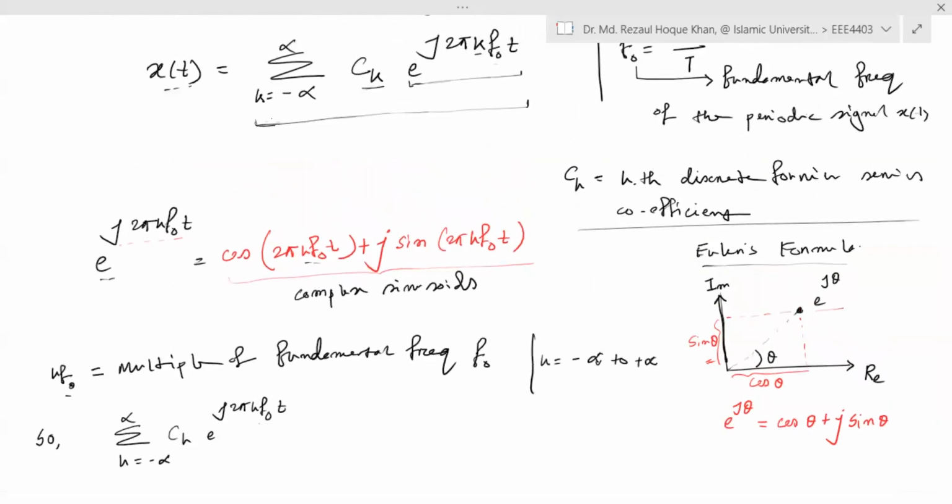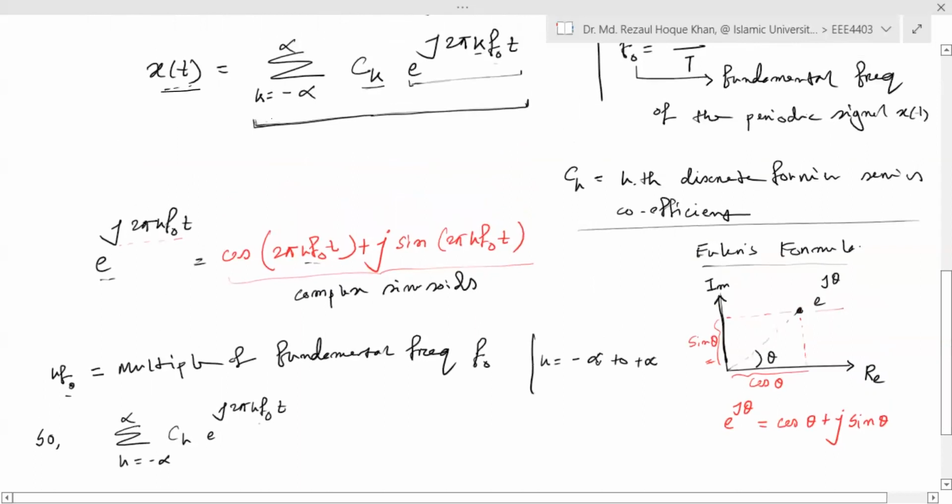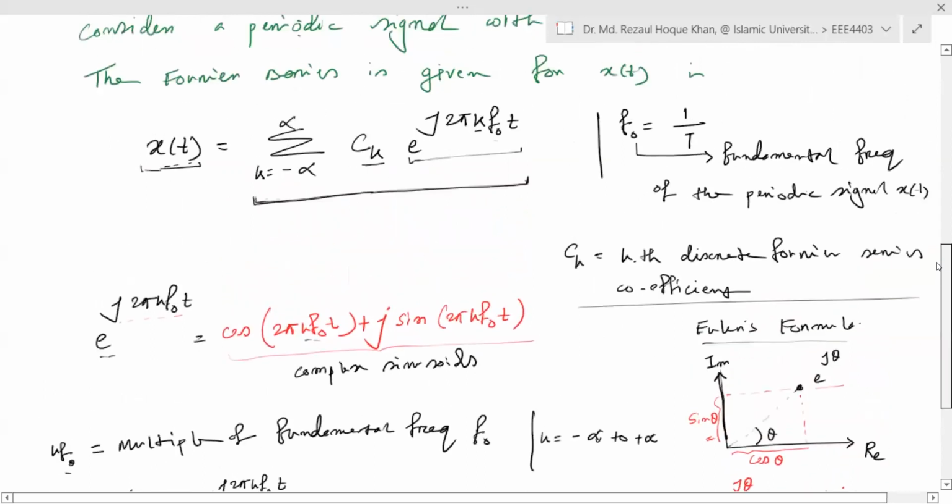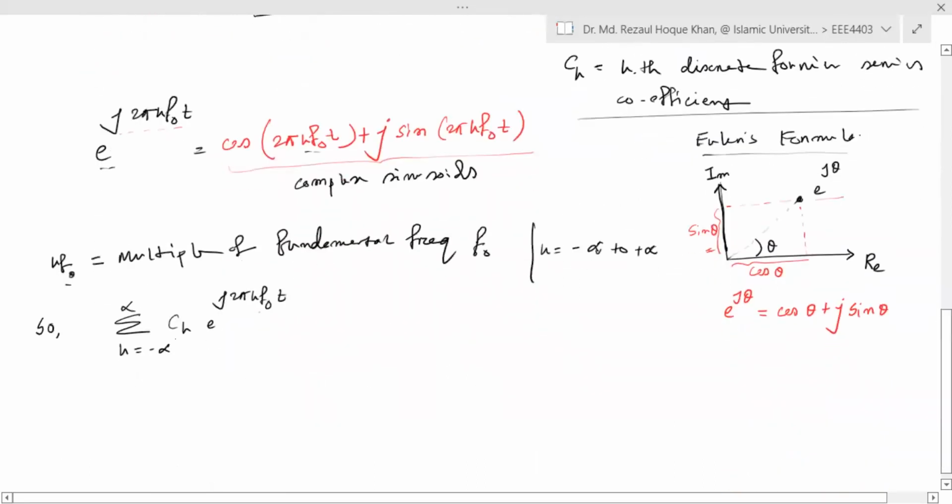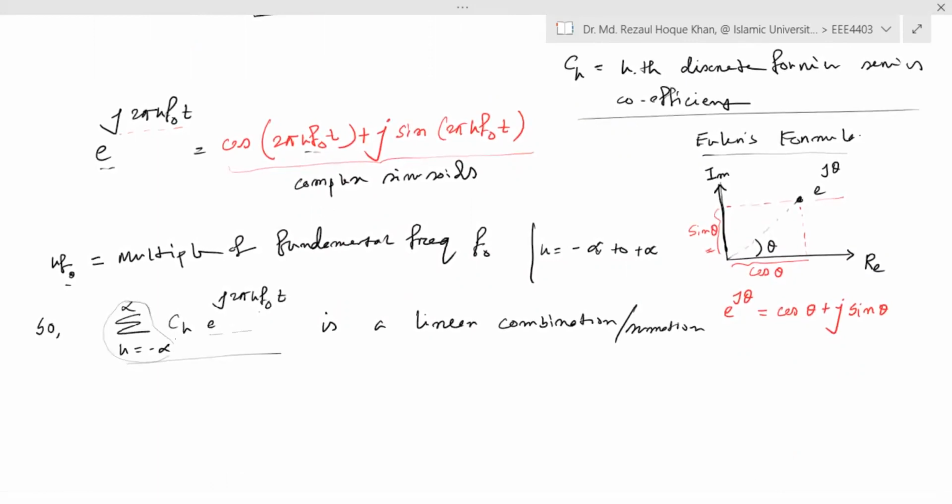So what does this equation mean? Whenever we have a periodic signal x(t), which we express in a Fourier series, what does it mean? It means that this expression is a linear combination or summation, because this is a summation, of all the complex sinusoids.